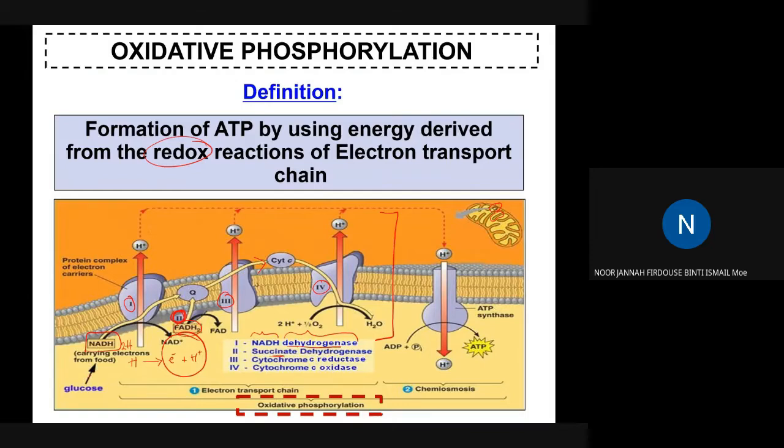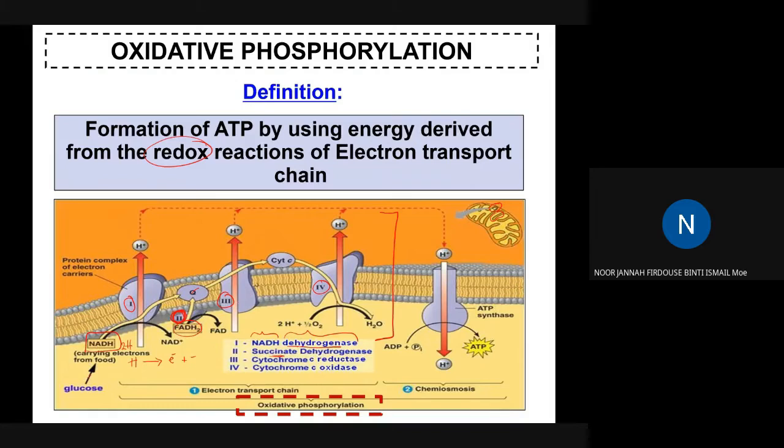Then the electron will be transported to the succinate dehydrogenase in the electron transport chain. FADH2 will be oxidized to FAD and then continue with another Krebs cycle. The electron then will be passed through the series of the electron transport chain.